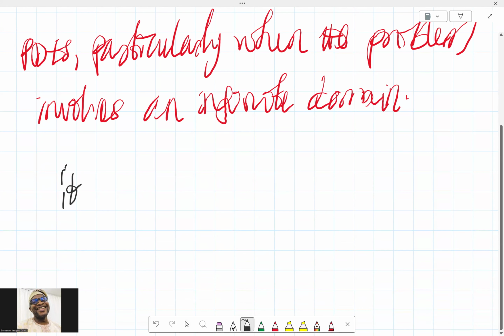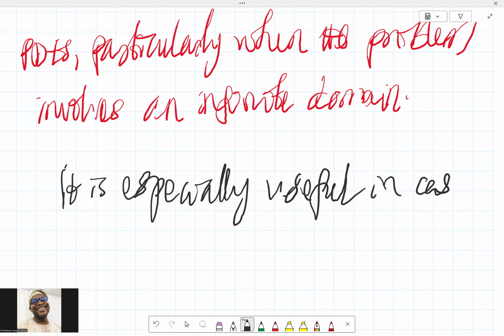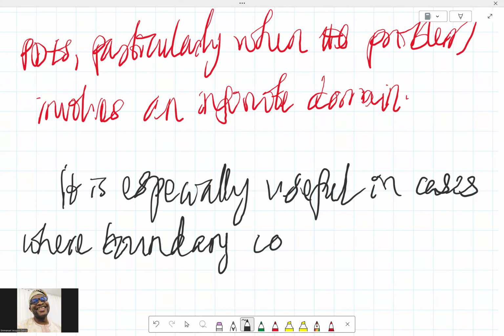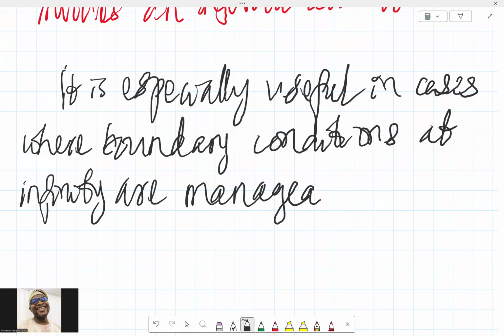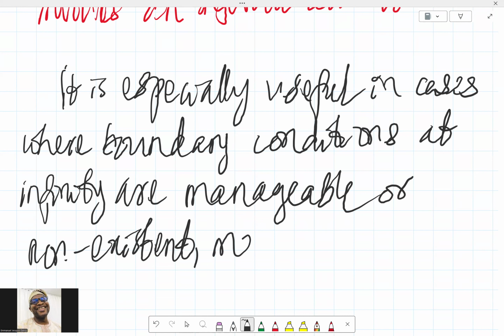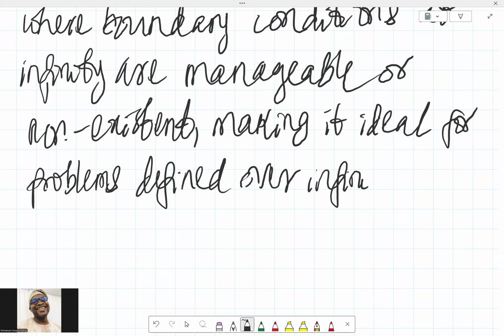So it is especially useful in cases where boundary conditions at infinity are manageable or non-existent, making it ideal for problems defined over infinite or semi-finite domains.